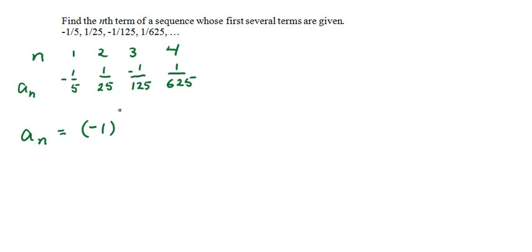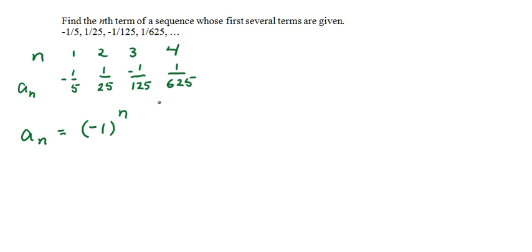And if the power of negative 1 is n, then the first term will be negative. The second would be positive because negative 1 squared would be positive 1. Similarly, the third one would be negative because negative 1 to the third would be negative. Negative 1 to the fourth would be positive, so the fourth term would be positive. So part of our nth term is going to be that factor, negative 1 to the n.